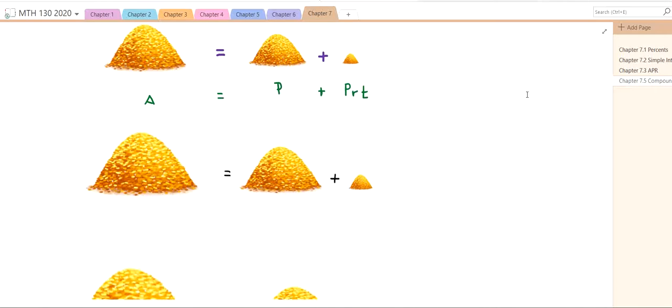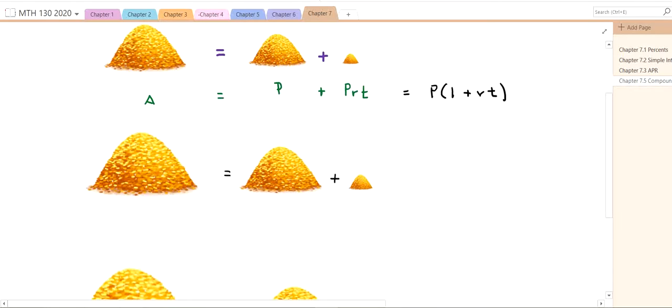So if you look at this equation, of course, we could pull the P out. So P times 1 plus RT is another way of looking at that relationship. So that's what your amount equals.